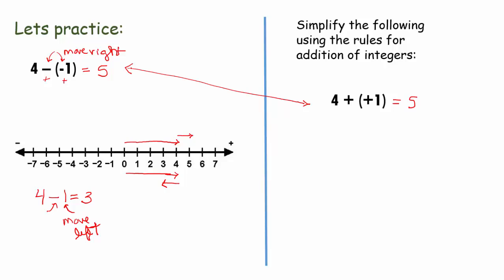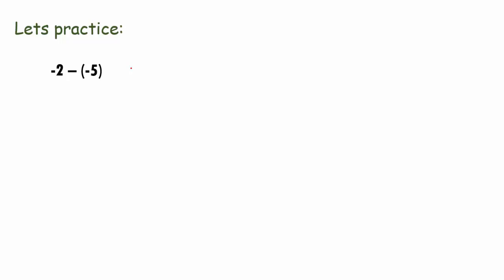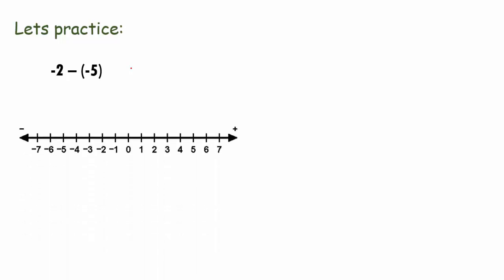Let's try another one. All right, negative 2 minus a negative 5. On our number line, we start over at negative 2. We go from 0 to negative 2. We're subtracting a negative. When you subtract a negative, that's the opposite of what we did last night.